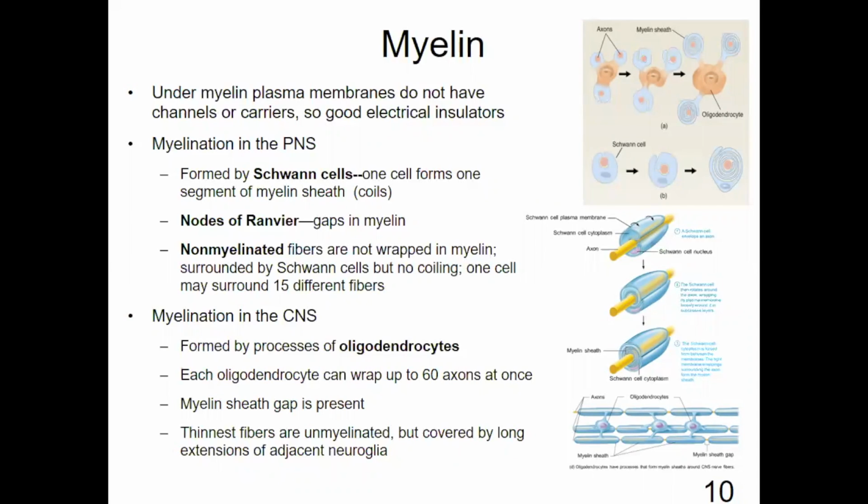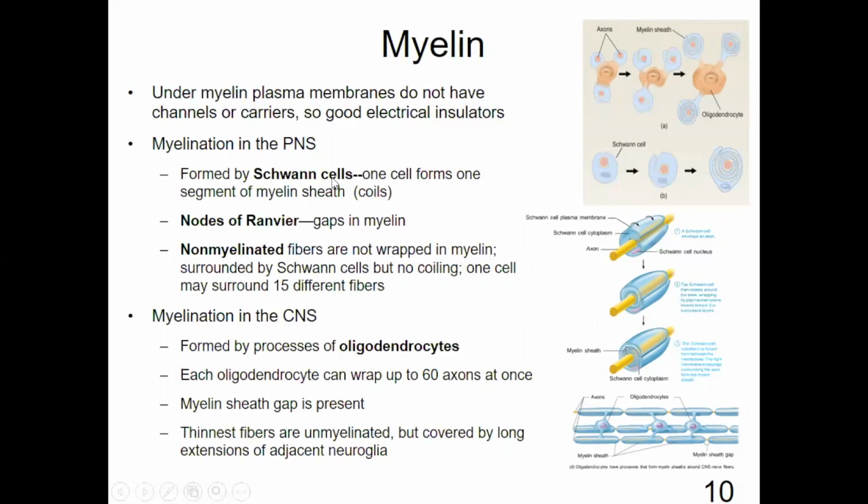So again, myelin helps insulate axons, and myelin is formed by glial cells. In the peripheral nervous system, myelin is formed by Schwann cells. In the central nervous system, myelin is formed by oligodendrocytes.